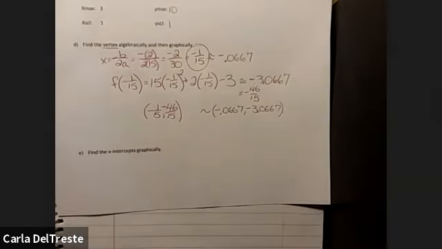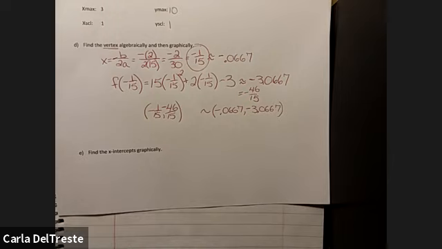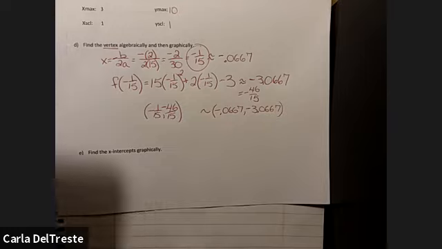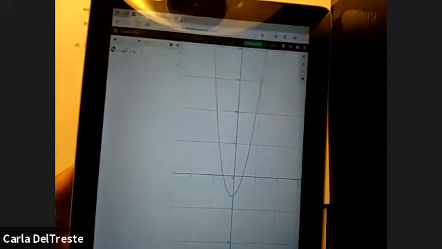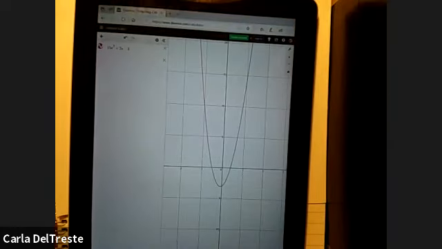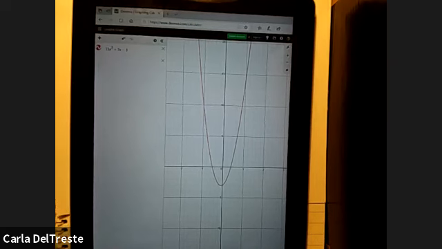Now, if you use Desmos to find the minimum, you actually don't have to do anything, because with its features, all you have to do is touch the graph and all the important features are already there.